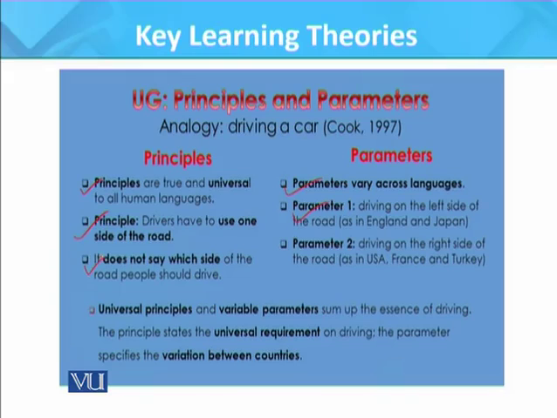The principle is that drivers should use one side of the road, but the side is not specified. In the parameters, you have the specification of either driving on the left side or the right side. So universal principles and variable parameters sum up the essence of driving. The principle says the universal requirement on driving. The parameter specifies the variation between the countries.